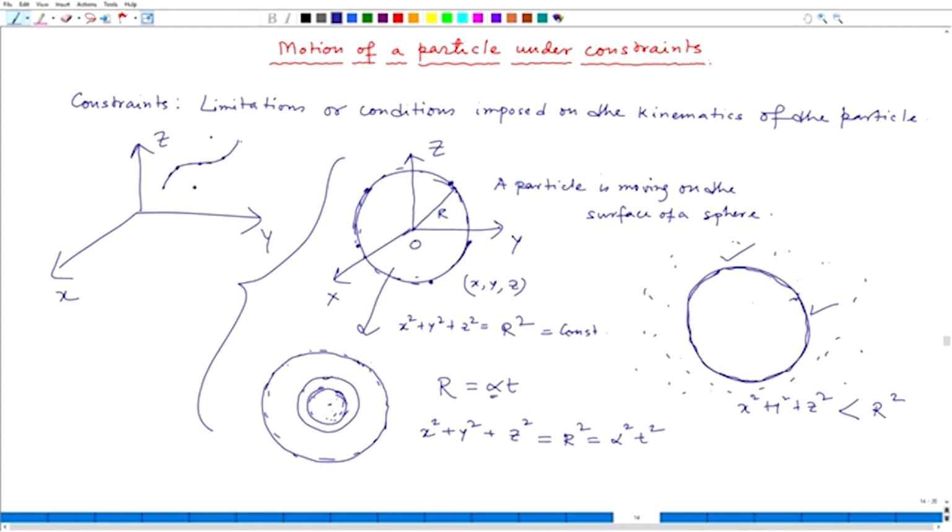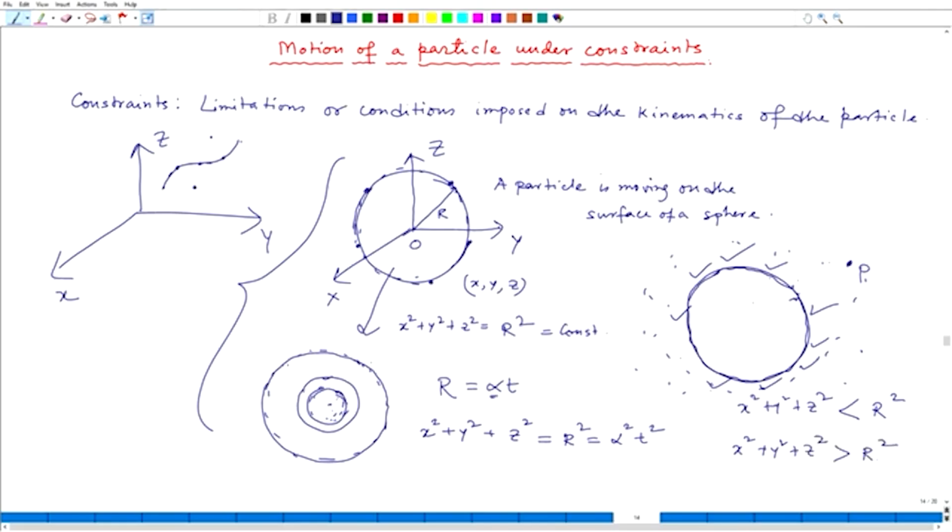Let us say I have now a particle outside, P, and on this outer surface of the sphere I have made some glue type of material, and whenever the particle touches the sphere, it is stuck there. So, it will be lost and it will not continue its motion, and that is why the constraint here will be x square plus y square plus z square strictly greater than r square.